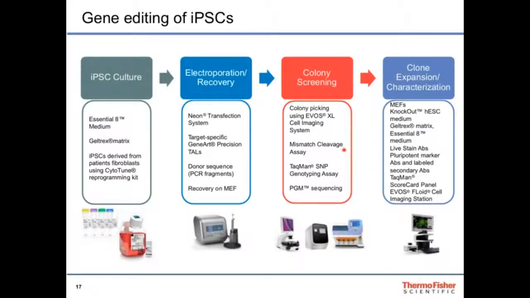I'll show you our mismatch cleavage assay, which we use to evaluate the efficiency of the cutting of our tools. We use our TaqMan assay to identify appropriately edited clones, and our Ion PGM to sequence the loci. And then for expansion and characterization, of course, we have lots of tools, media and stains and other types of microscopic systems.